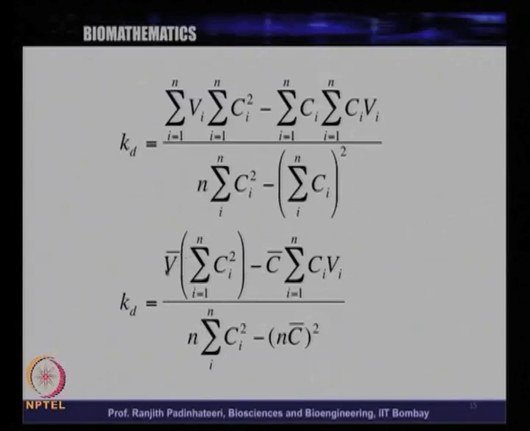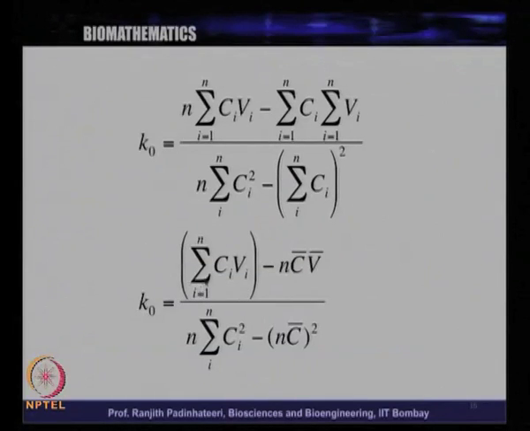You can rewrite this a bit with averages, average V and average C, just a different notation. So then you get this particular experimental value for Kd.